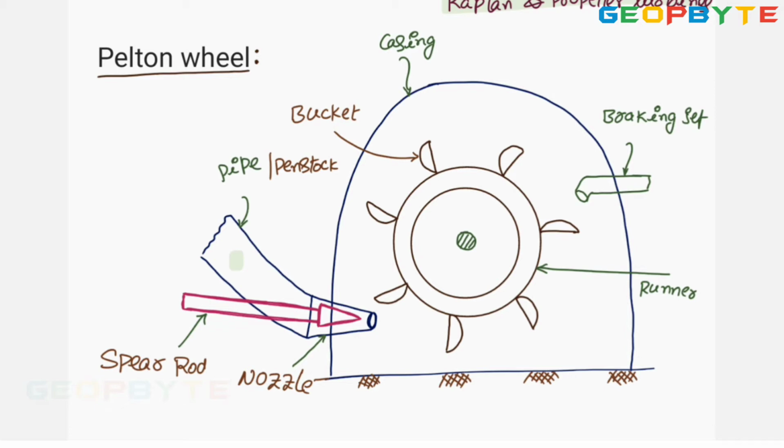At the end of the penstock, a nozzle is arranged. The function of the nozzle is to increase the kinetic energy. It means a high velocity jet is coming out from the nozzle.